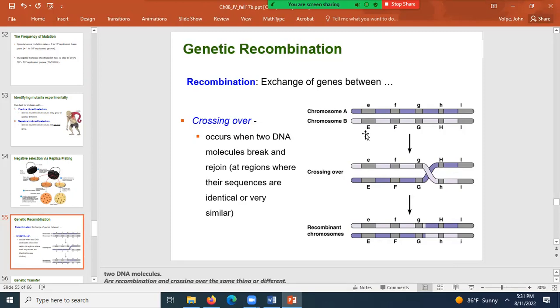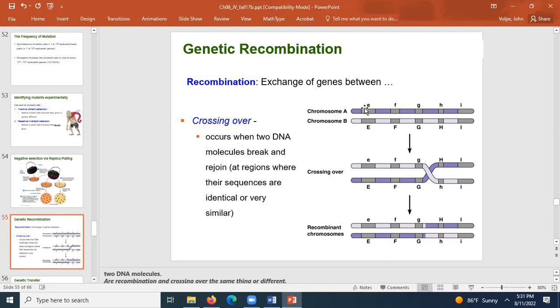Crossing over is when two DNA molecules actually come together and pair and then break and exchange sequences. Crossing over is a little more specific than recombination. Recombination is a more general term: the exchange of genes between two DNA molecules.